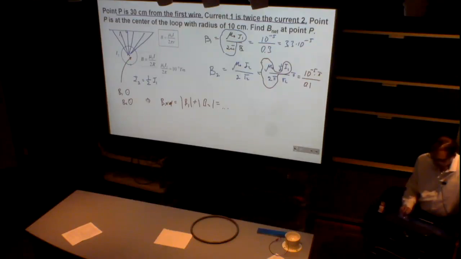So if I multiply 10 and 10, 10 over 3 Tesla. And this number I want to multiply by 10 again. That's going to be 10 to the negative fifth times 3.14, about 31.4 Tesla. So I'm just adding 31.4 plus 3.3, 34.7.